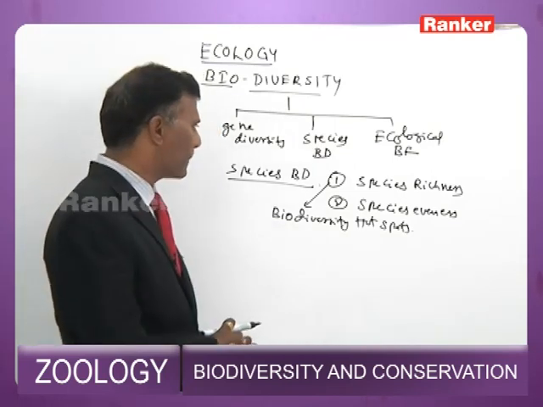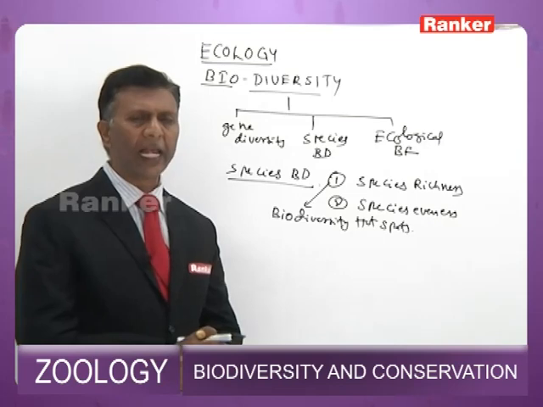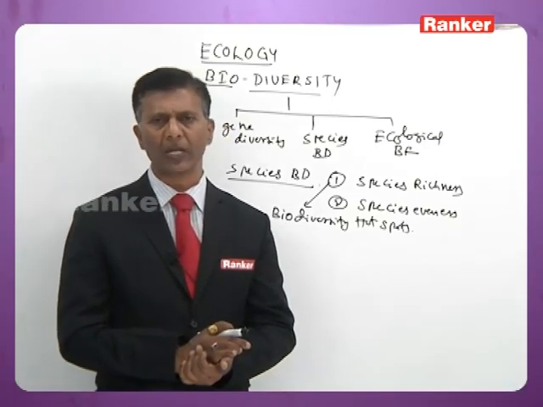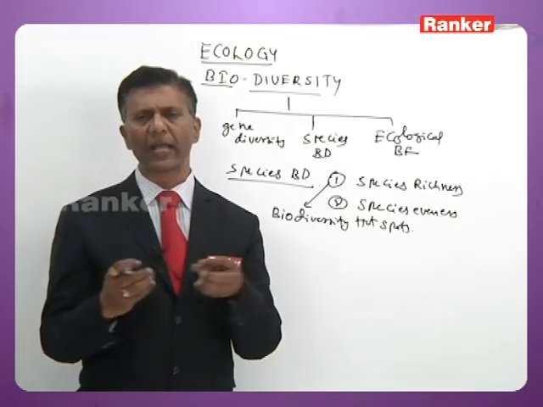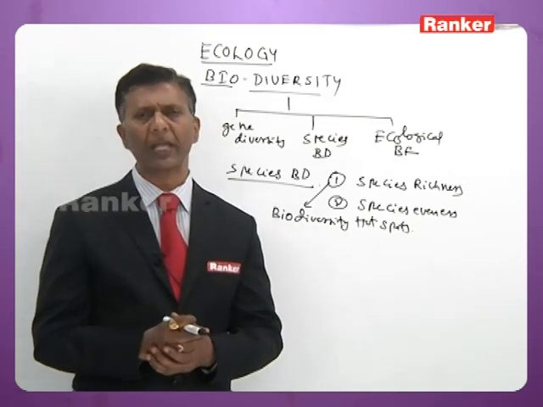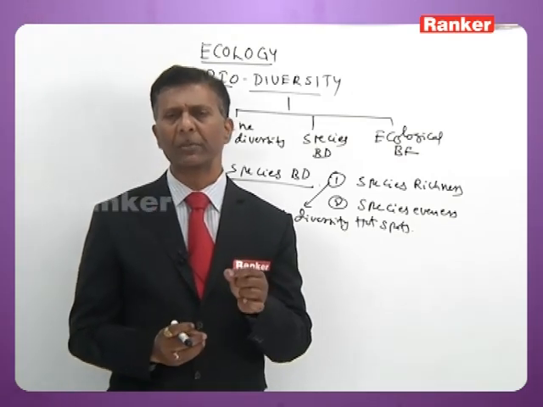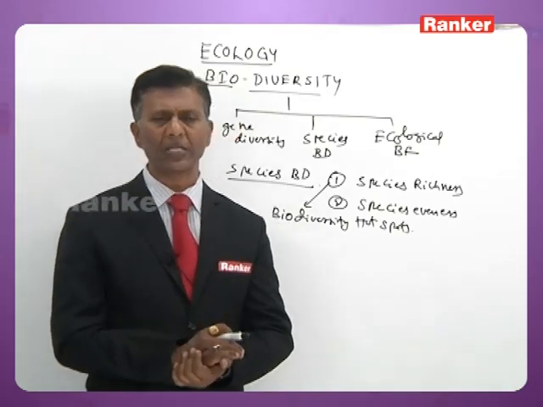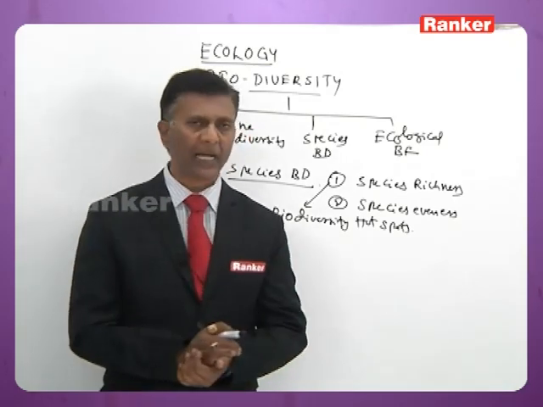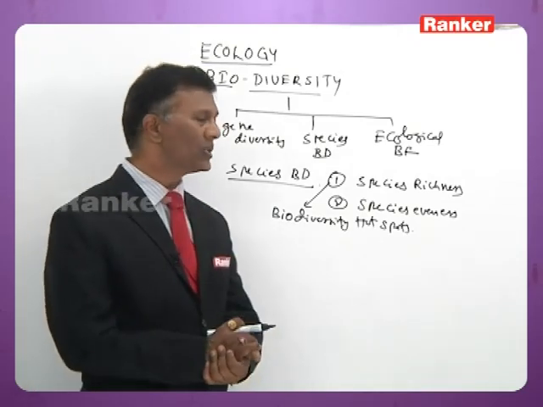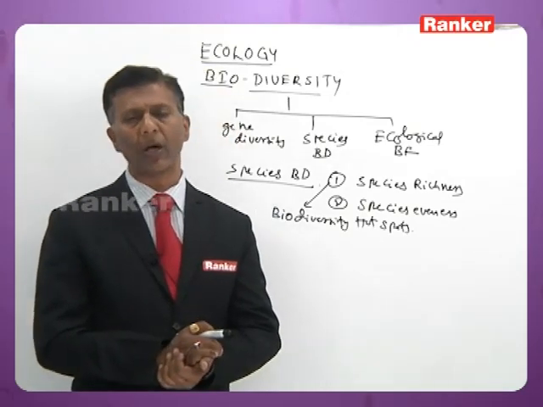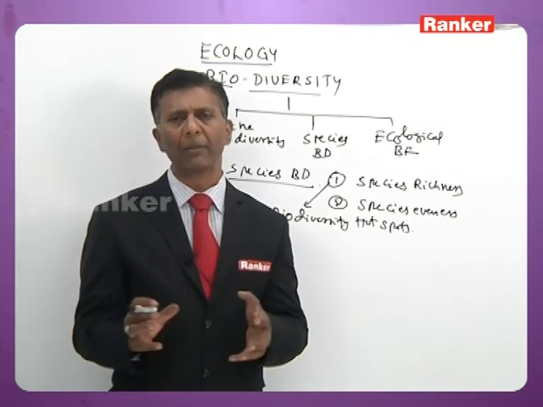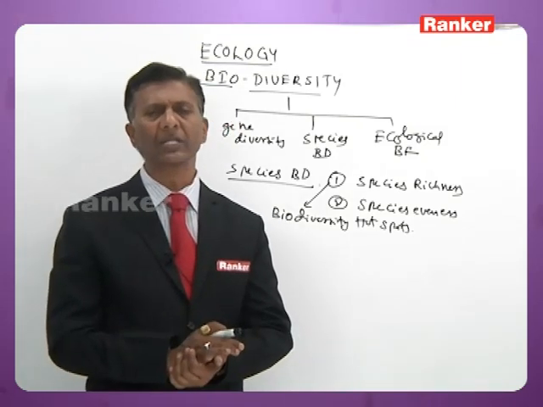Then the species evenness is the relative abundance of a particular species. Even if animals of different types of species are present in a habitat, if each species is represented by only one or two organisms, that cannot be considered as species richness. So species richness indirectly depends upon species evenness, that is, the relative abundance of a particular species in a habitat.